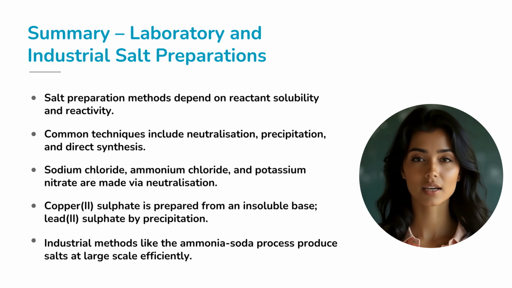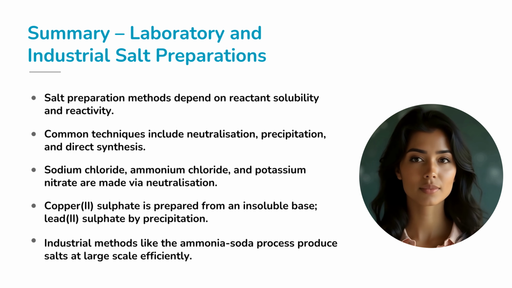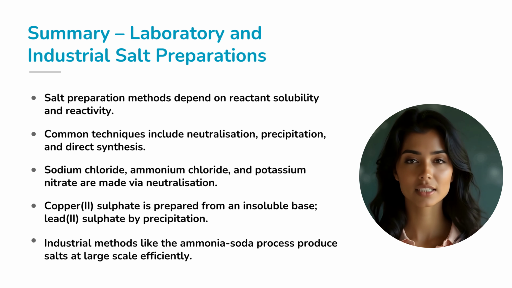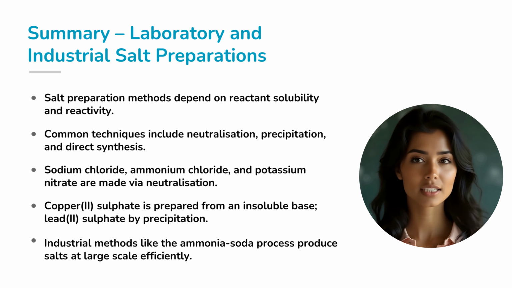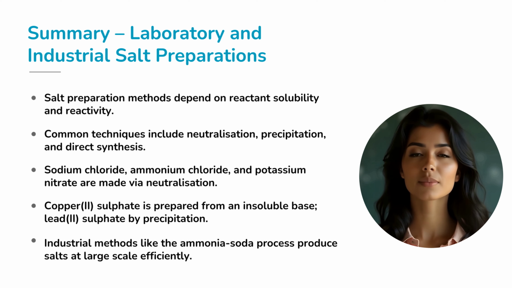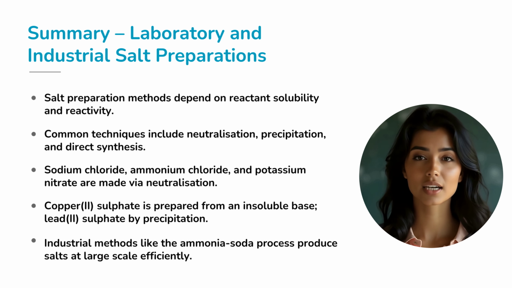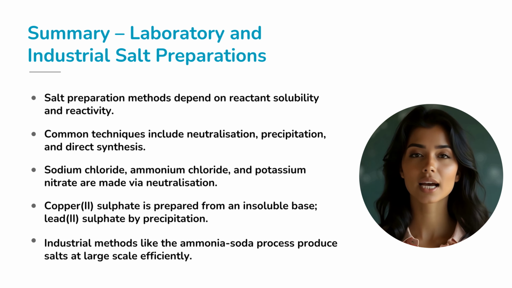Sodium chloride, ammonium chloride, and potassium nitrate are all made through neutralization methods. Copper(II) sulphate is made from an insoluble base, while lead(II) sulphate is prepared by precipitation. Finally, in industry, salts like sodium carbonate are produced on a large scale using the ammonia soda process, which ensures high yield and efficiency.